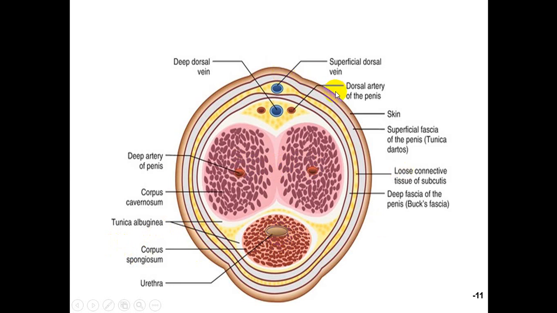So the outer covering of the penis is called skin. After the skin, there is the superficial fascia of the penis called tunica dartos. The loose connective tissue of the subcutis follows the dartos. Then the deep fascia of the penis, Buck's fascia, follows the loose connective tissue of the subcutis.